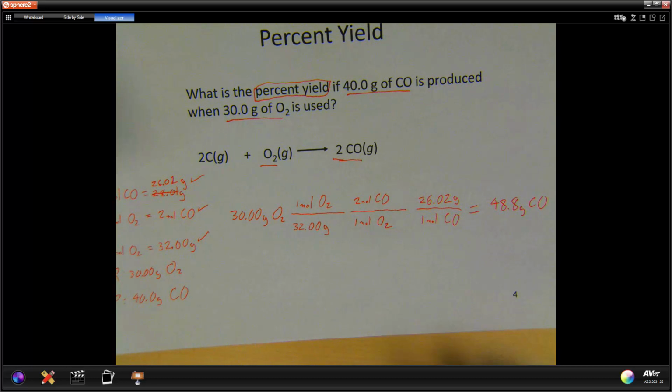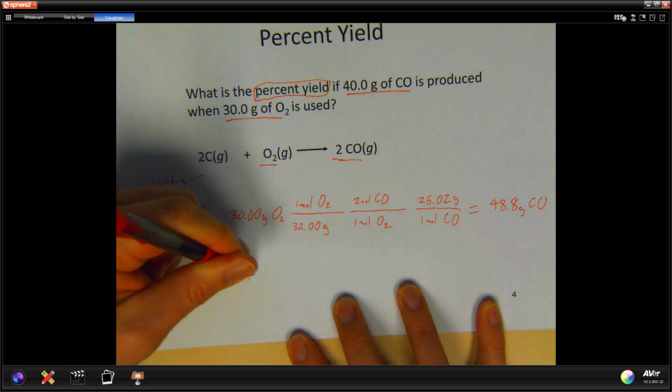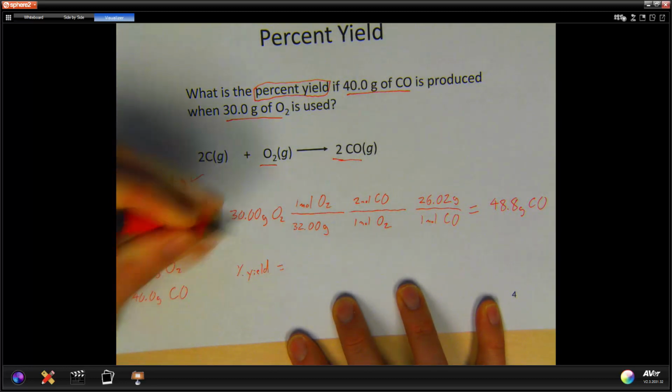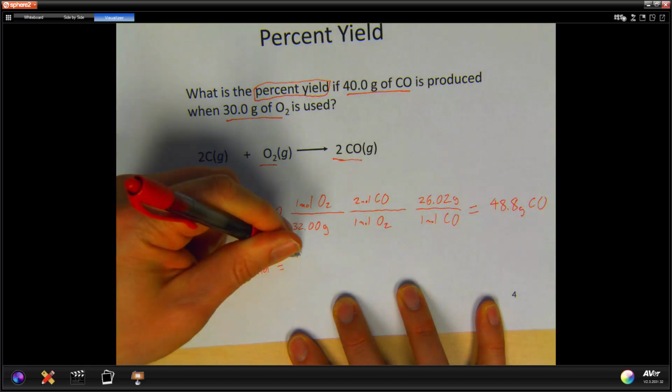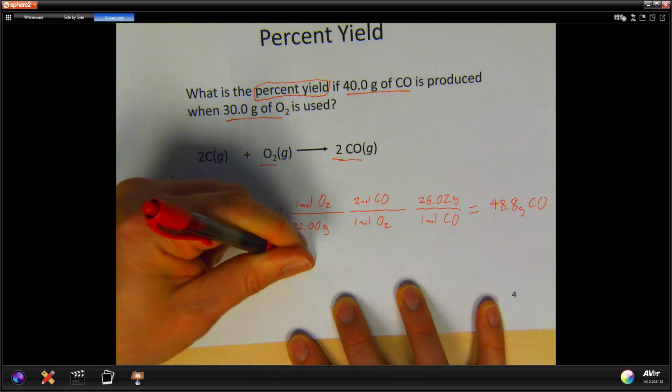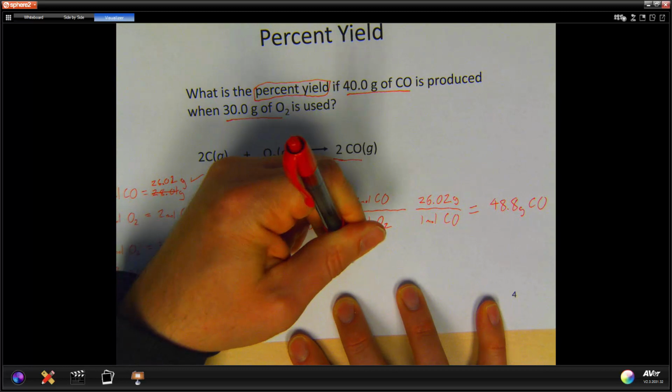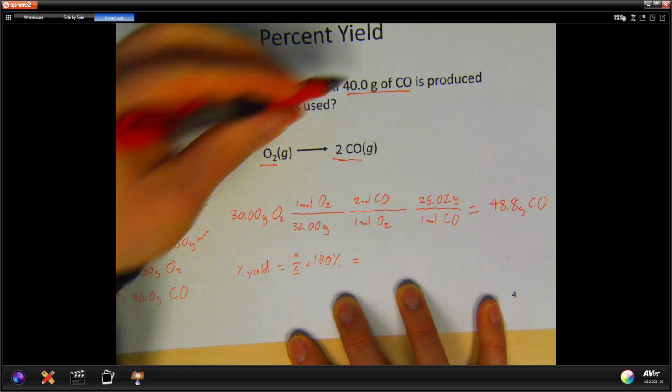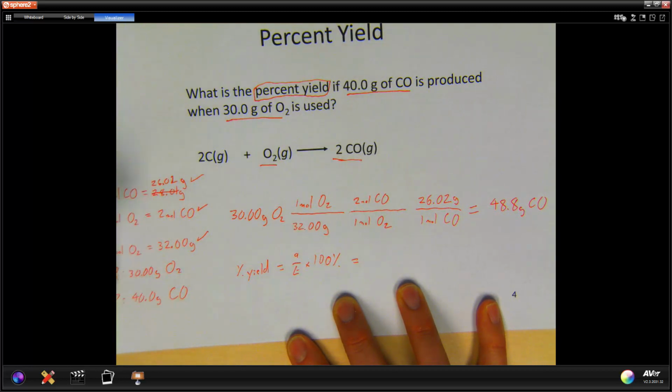To find the percent yield, we take actual divided by theoretical times 100%. The actual yield is given in the question, and we wrote that down here. Our product is 40 grams of CO. We might have actually even called this the actual yield.